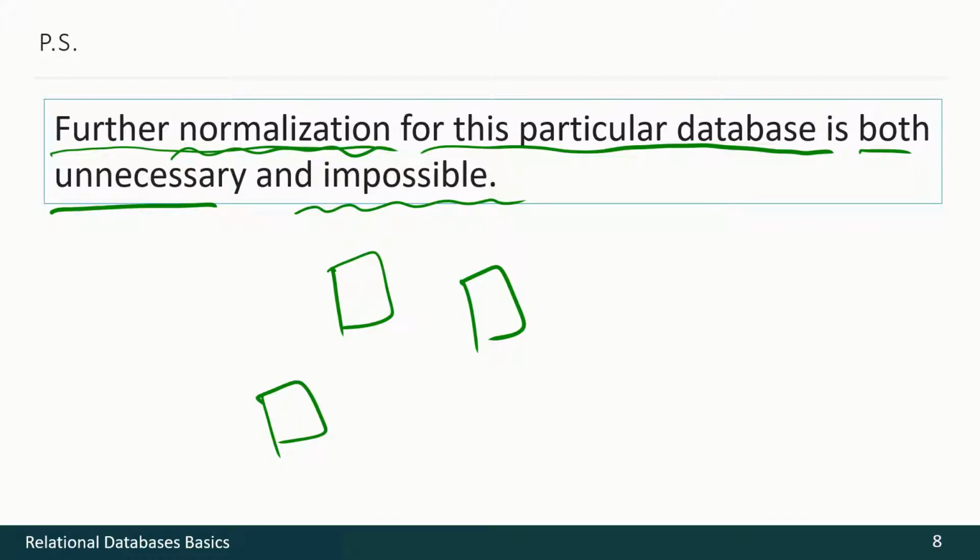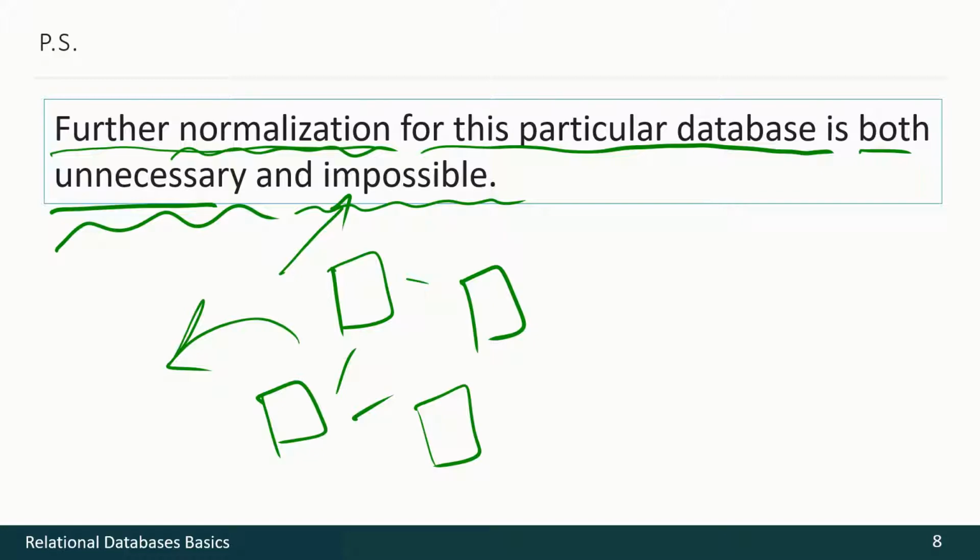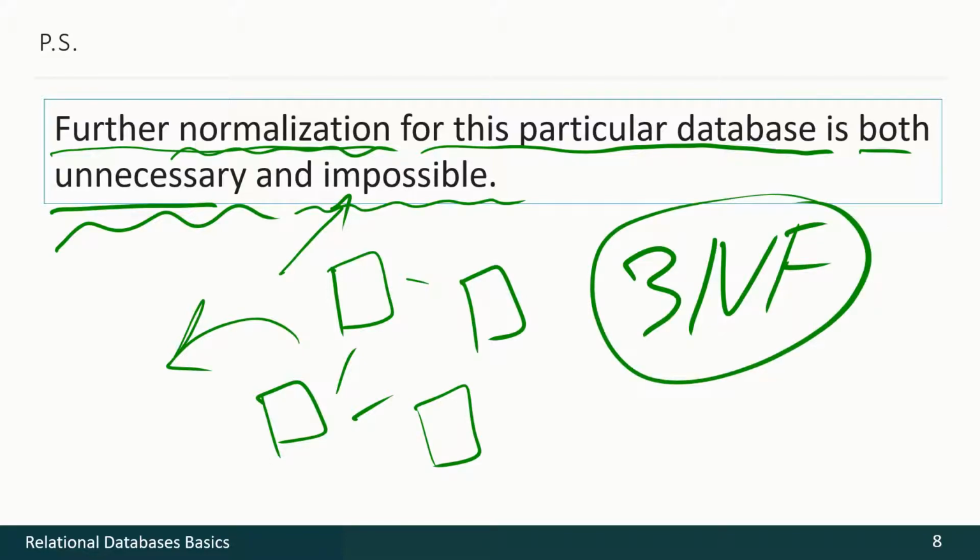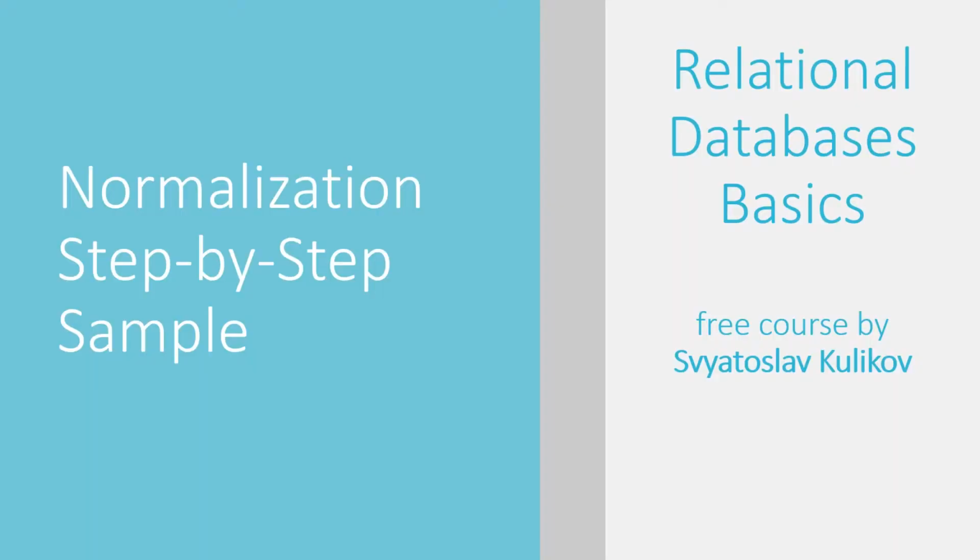But here, even if we make something magically and create some more normalization, it would be absolutely unnecessary, and we'll have to use denormalization to return back to the initial situation. That's why we may say that the third normal form is the final for this particular database, and one can say that for most simple databases, the third normal form is the final, the ultimate one. And finally, that's all about normalization.